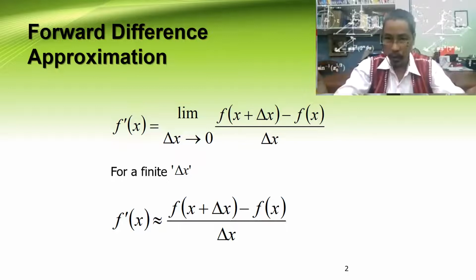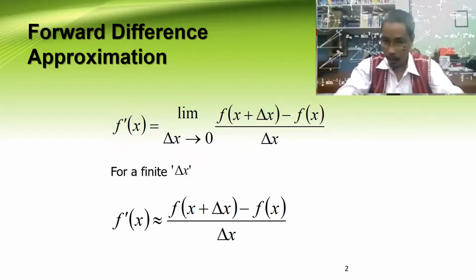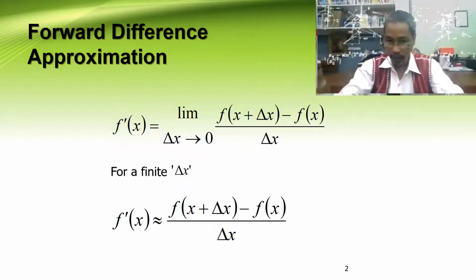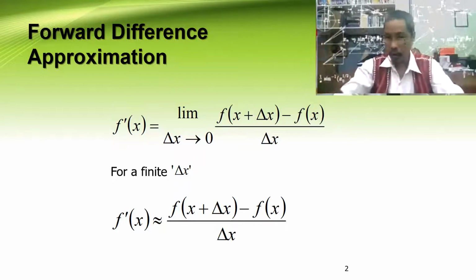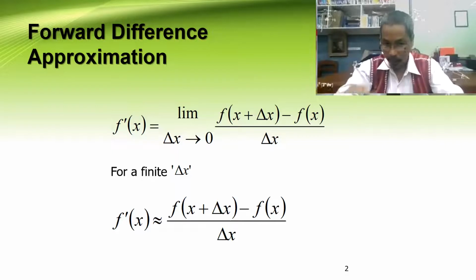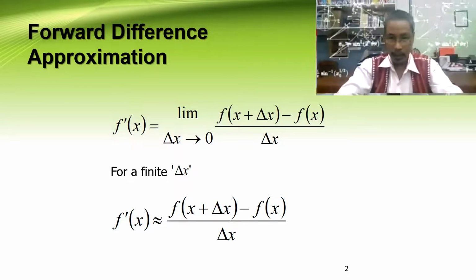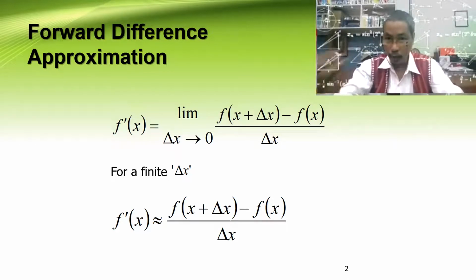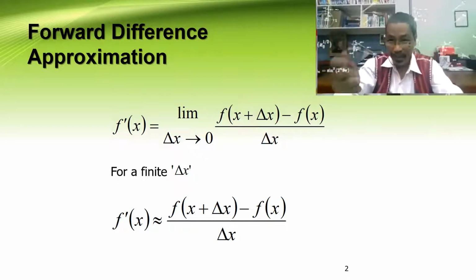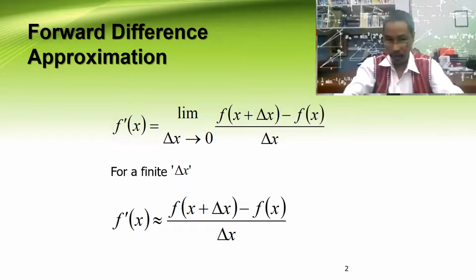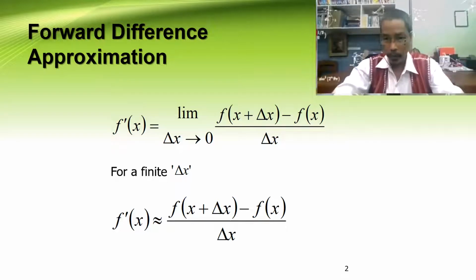We don't need to take the limit of this given function anymore. Just directly substitute x plus delta x into the function, minus f(x), divided by delta x, and that's all. We can immediately get the numerical value, an actual computation. That is the important thing about the lower formula.